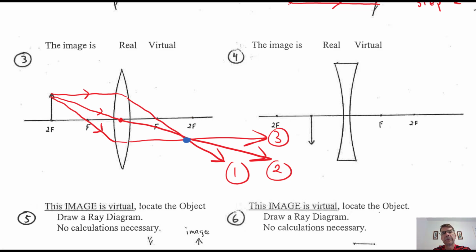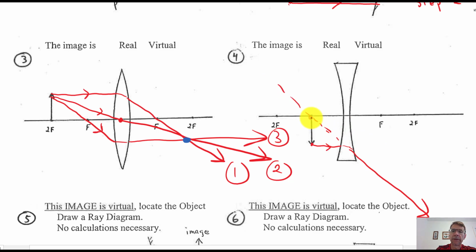Number 4. And then you can also tell whether it's real or virtual. Circle one of those 2. Now, this was the one that's most often messed up. This is a diverging lens. So the light comes in, bends a couple times, but what happens here is it bends such that it lines up with this F right here.